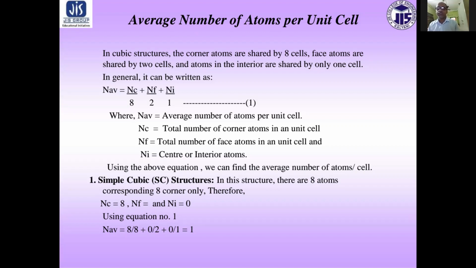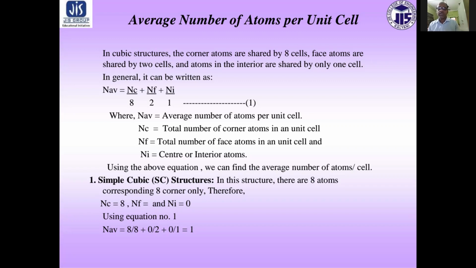For the first case, the simple cubic structure: in a simple cubic structure, only the 8 corner atoms are there in a cubical cell. Although the simple cubic structure cannot be seen anywhere, for reference and to understand, we first need to assume it. In this structure there are 8 atoms corresponding to 8 corners only.